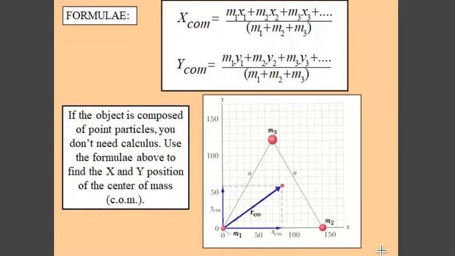We can only calculate the center of mass of what I call blobs, which is a little bit artificial, but on some level, you could use this if you were a chemist and you wanted to find, say, the center of mass of a water molecule.